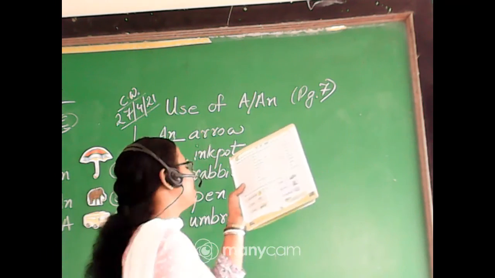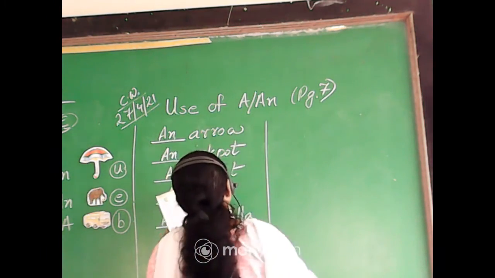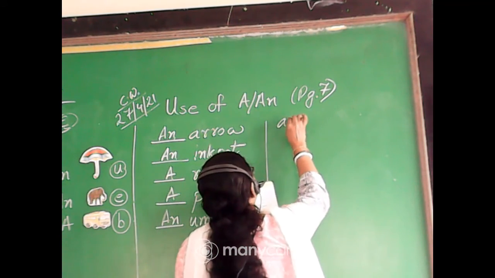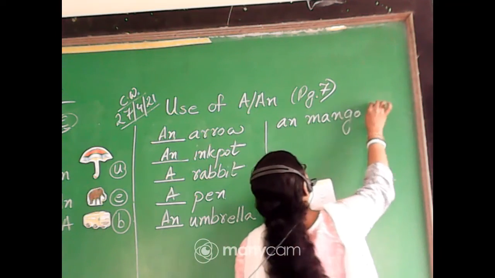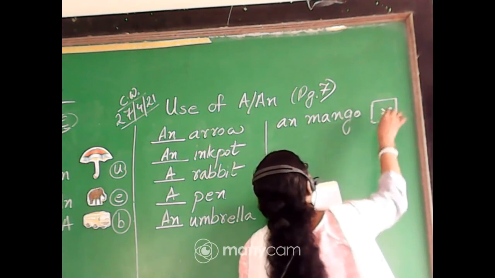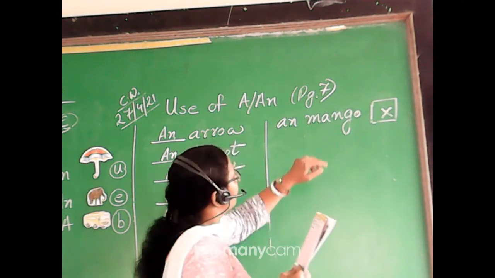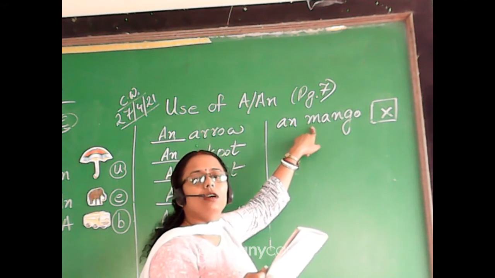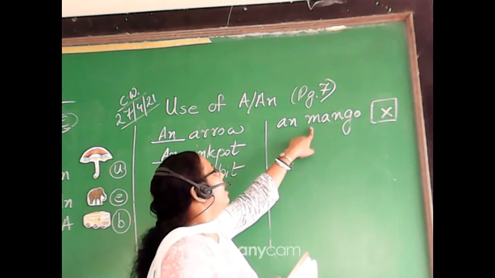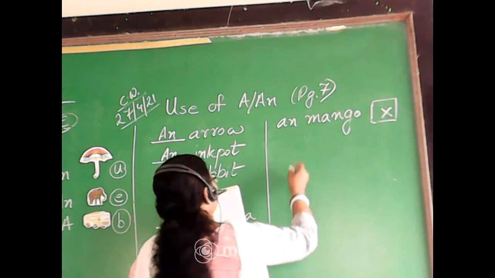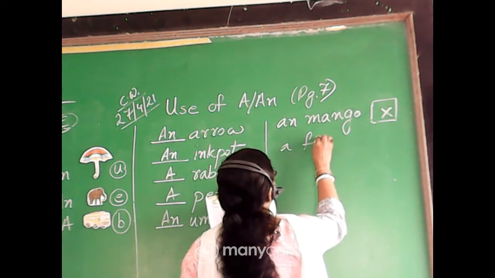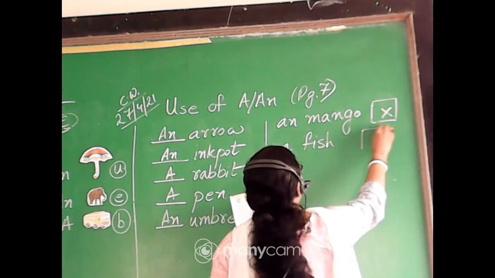An mango, it's a wrong one because M is a consonant and it should be a mango, not an mango. Next is a fish, it's the right one.